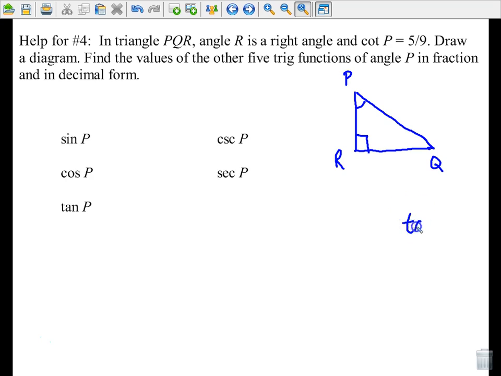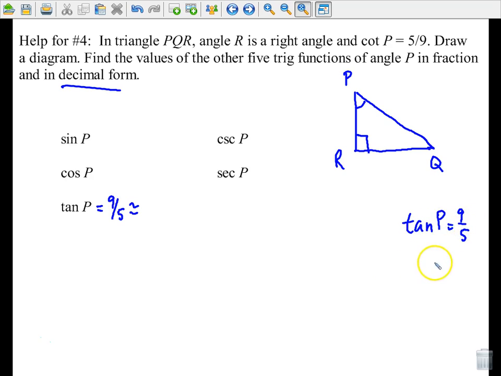That tells me that tangent P, which is the inverse of this, is 9/5. So right away I've got one of my answers. And of course, you have to do the decimal, so don't forget that.